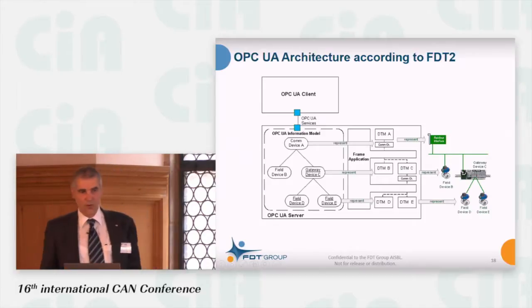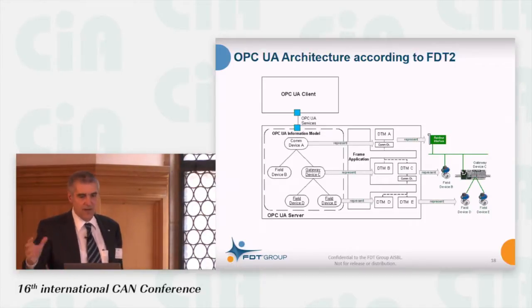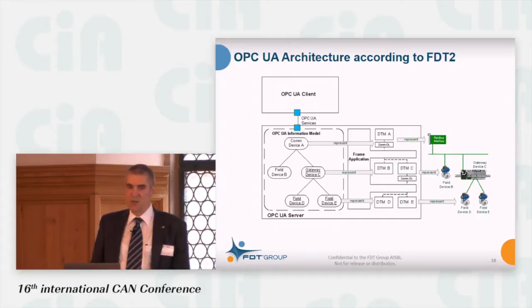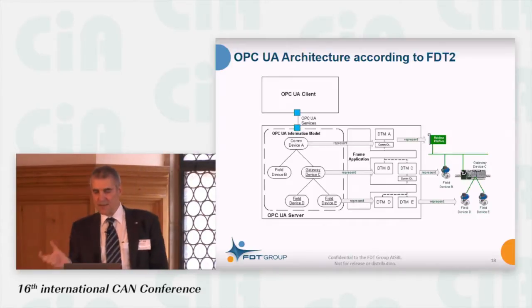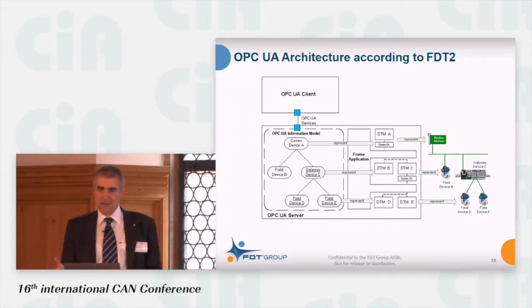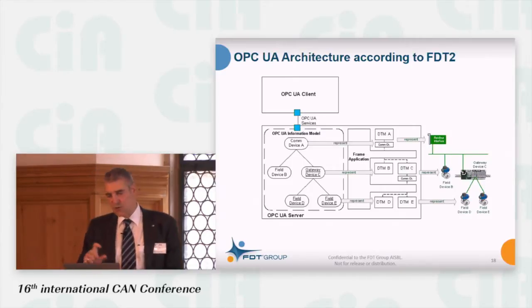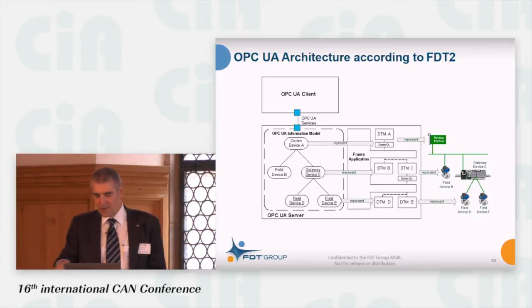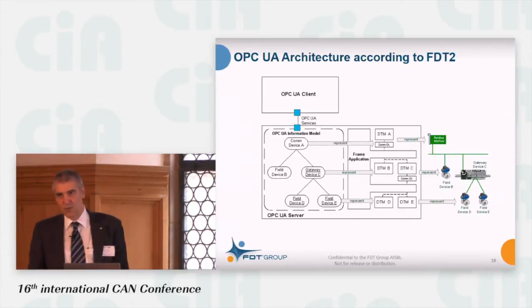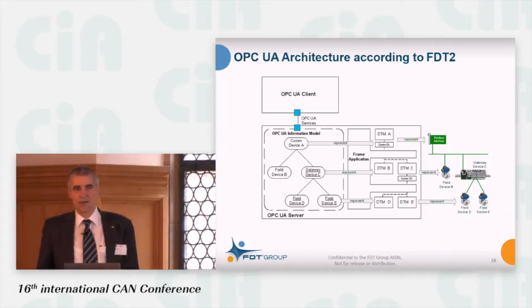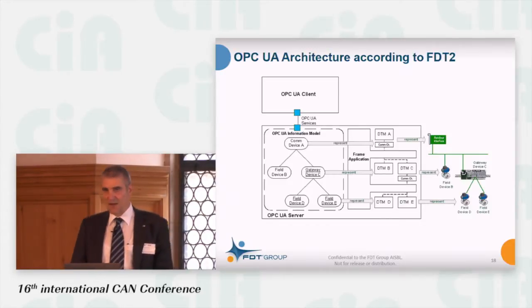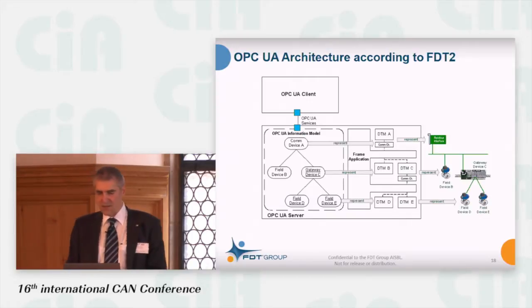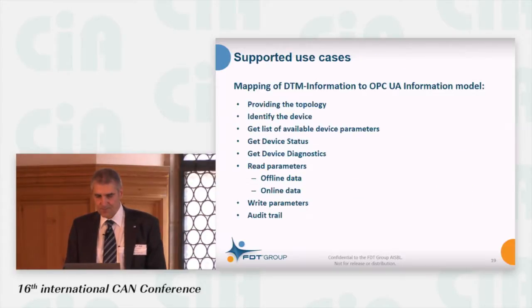Then any OPC UA client can have access to this OPC UA model, and we map the data from the OPC UA model to the FDT model. We can also access via this structure, and with the nested communication I mentioned before, we can also access device data from the plant. This is the architecture as it's written in the FDT specification.